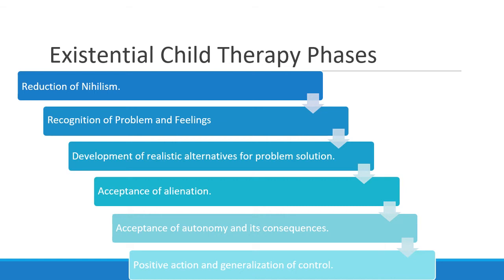All right, our next phase is development of realistic alternatives for problem solution. As a child learns to express authentic feelings, he or she experiences initial relief and hope. At this point, the child's ideas for problem solution may be unrealistic and ineffective. Having established a firm, trusting relationship, the therapist may use confrontation to help the child face reality.